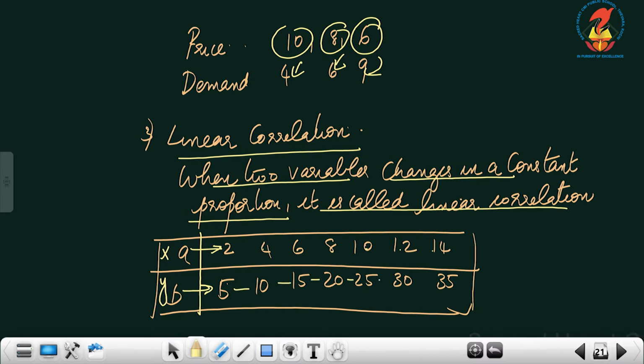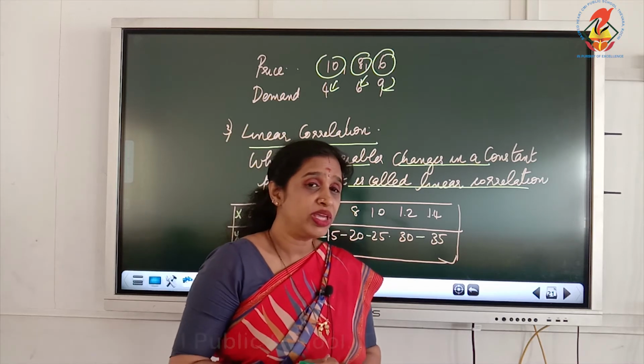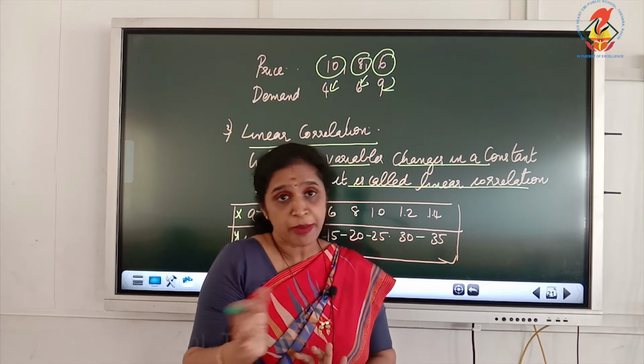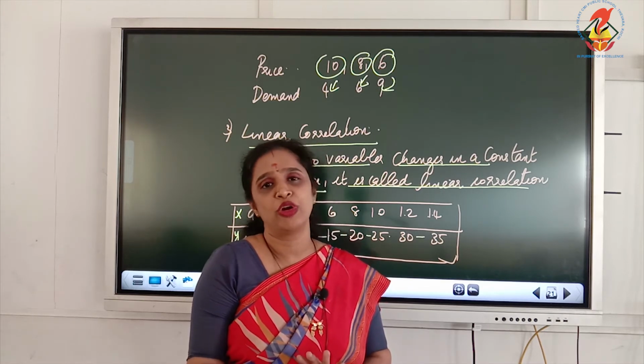5, 10, 15, 20, 25, 30, 35. Whether it is increasing or decreasing, that means 14, 12, 10, 8, 6, 4, 2 and 35, 30, 25, 20, 15, 10 and 5, if they are moving in a constant proportion, it need not be the same proportion, like how X is behaving, the same way Y need not behave.